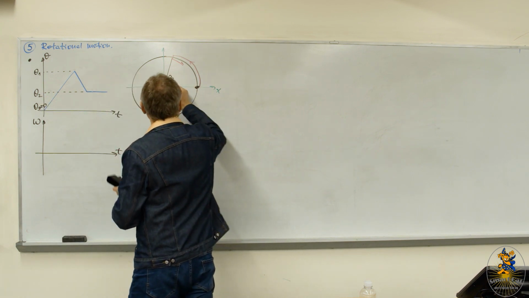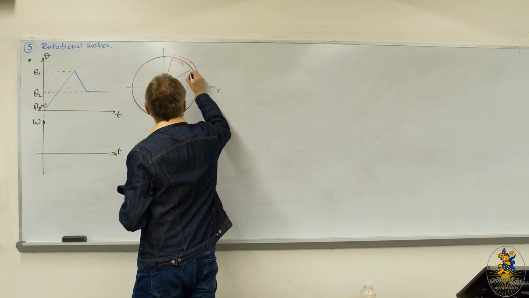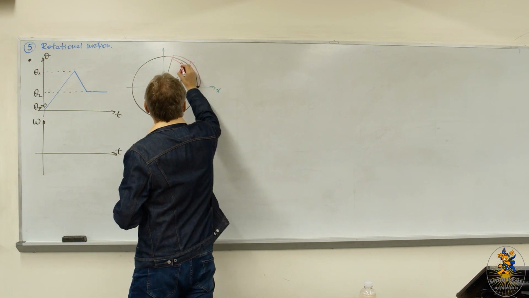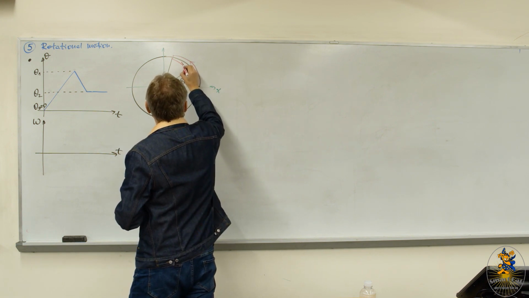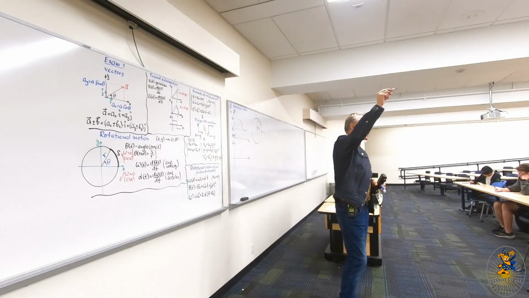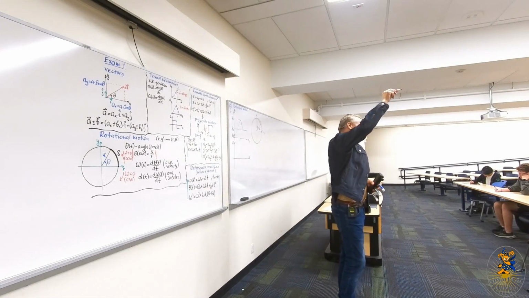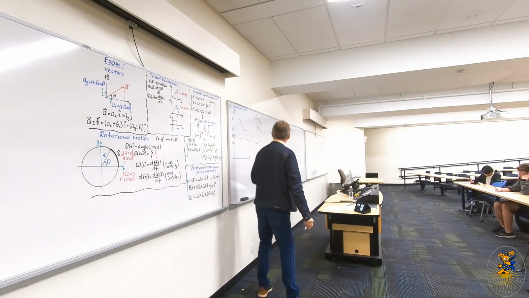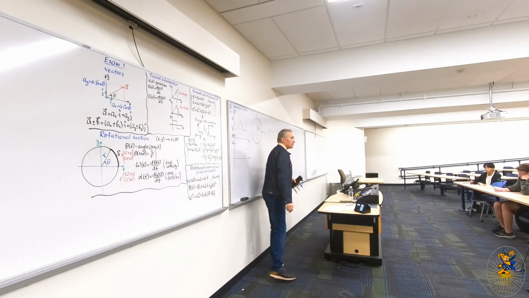Let me show that. For example, let's say this is angle theta 2. So the point moves to this level. The trajectory: first it moves counterclockwise, stops for a moment, and then the disk gets turned back by some angle.